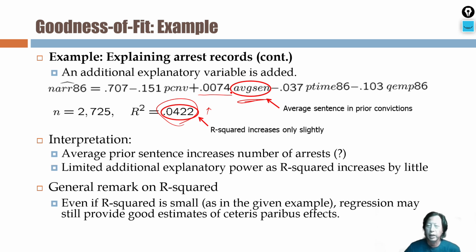Because you didn't include those factors, I cannot fully explain my dependent variable. But a small R square does not mean my factors have no effect on my dependent variable. That's why we have t statistics and then F statistics.